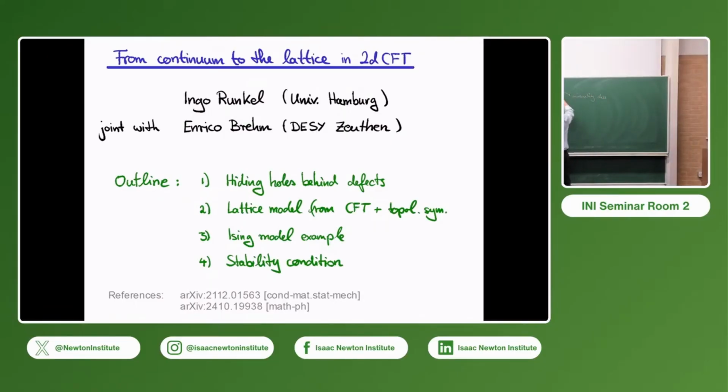And you go from here to here by looking at the long-range behavior, because that tells you anyway everything you can measure about the model. Oftentimes these universality classes are described by two-dimensional conformal field theories. So I will take this to be a two-dimensional conformal field theory, and I will work Euclidean in the entire talk. So I will not talk about spin systems and Hamiltonians, but about statistical models.